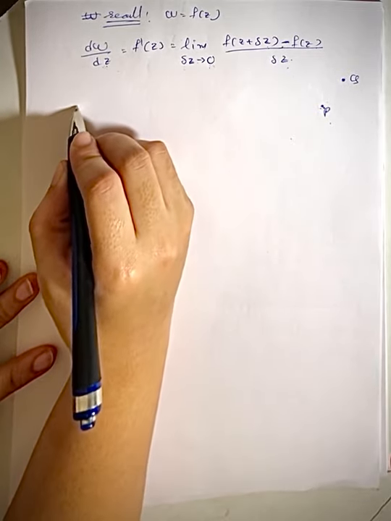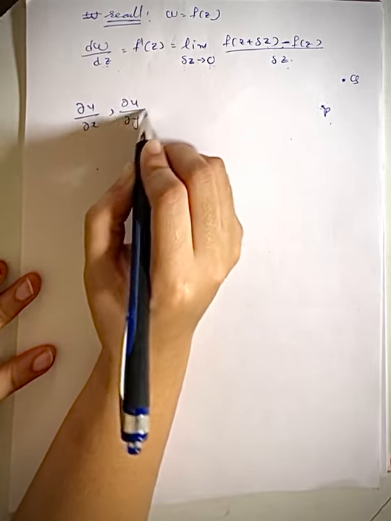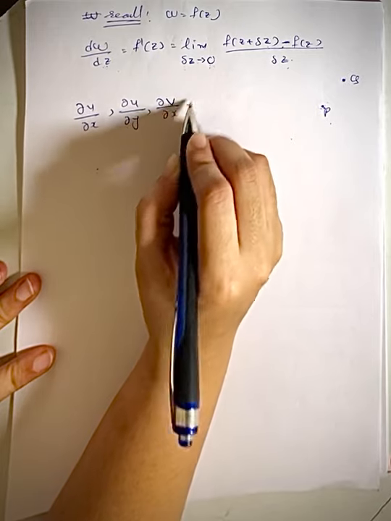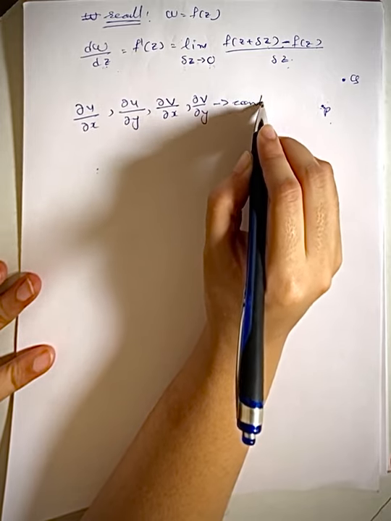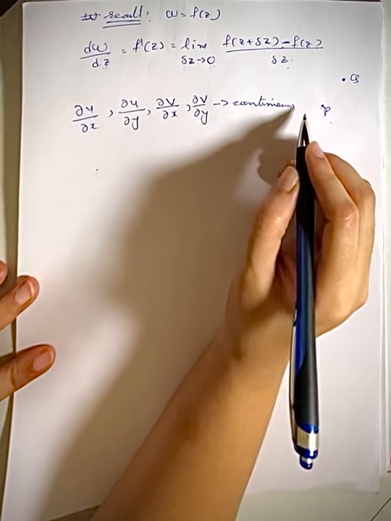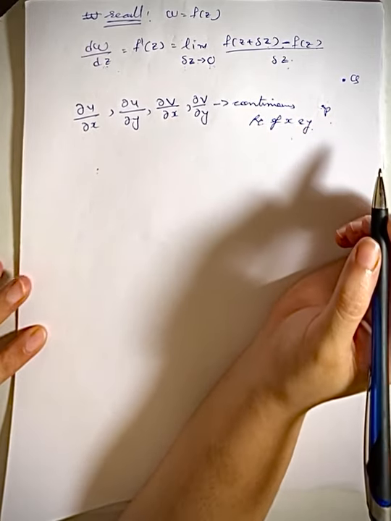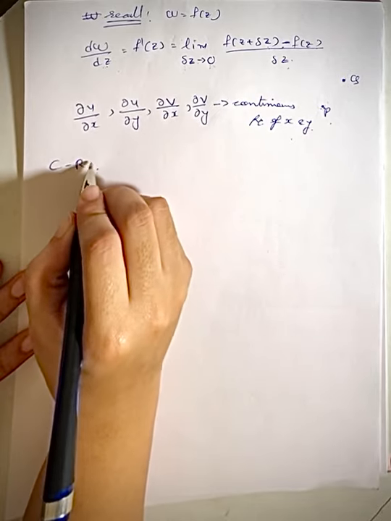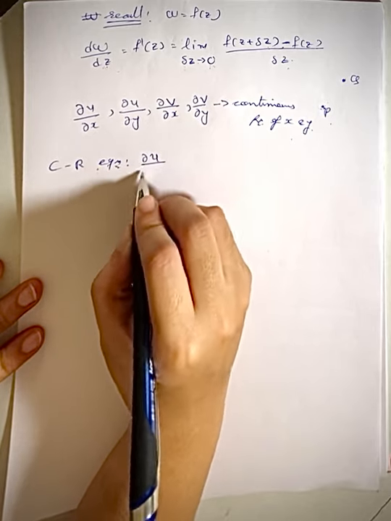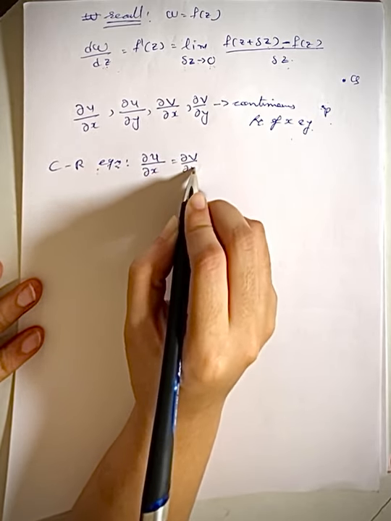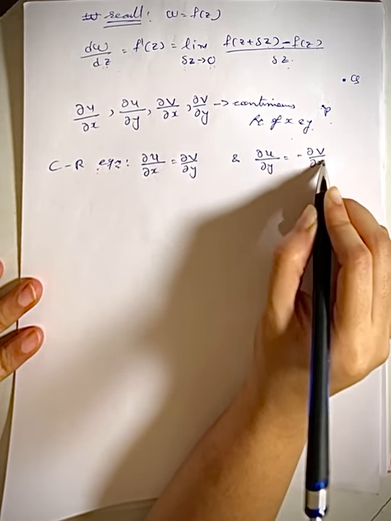They were that delta u by delta x, delta u by delta y, delta v by delta x, and delta v by delta y are continuous functions of x and y in region R. And then we defined the CR equations, the Cauchy-Riemann equations: del u by del x equals del v by del y, and del u by del y equals minus del v by del x.